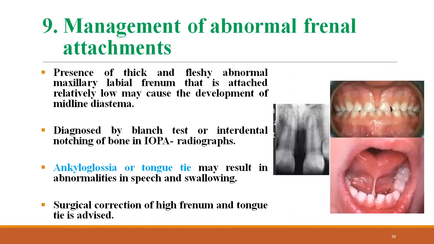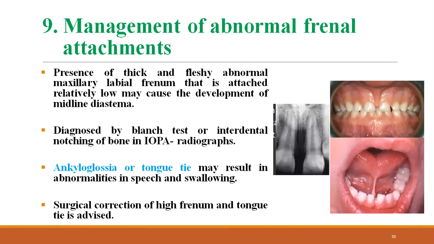Then, management of abnormal frenal attachments. The presence of a thick and fleshy abnormal maxillary labial frenum that is attached relatively low, as we can see in this picture, may cause development of a midline diastema. So the diastema can be diagnosed by the blanch test, in which the upper lip is retracted upward and in a labial direction.